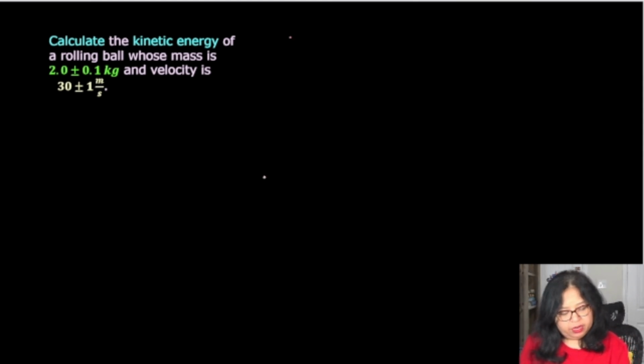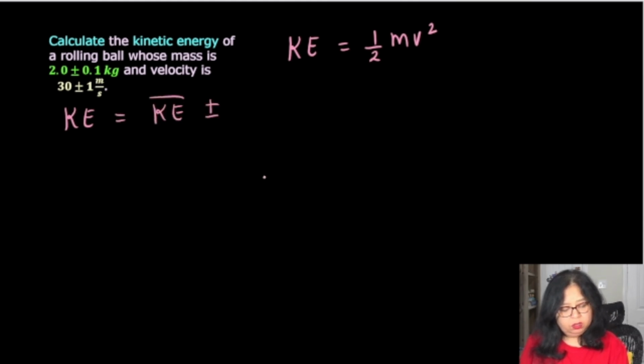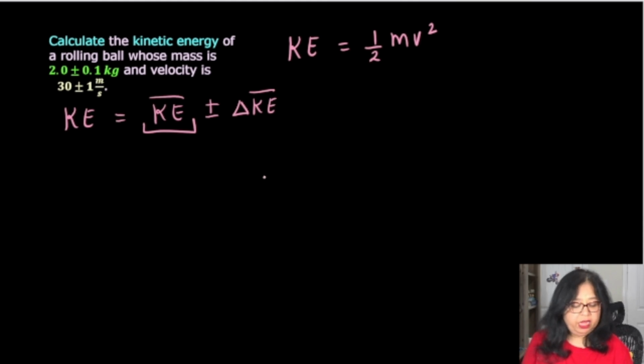To calculate kinetic energy, the formula is 1/2 mv squared. Now this kinetic energy, when I write it in proper form, has two parts. First is just the kinetic energy plus minus the uncertainty in kinetic energy. This first part is easy to calculate.